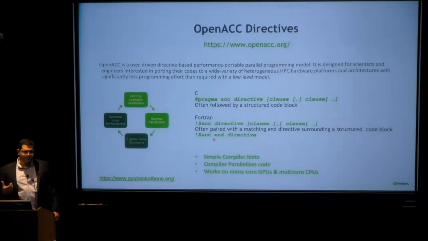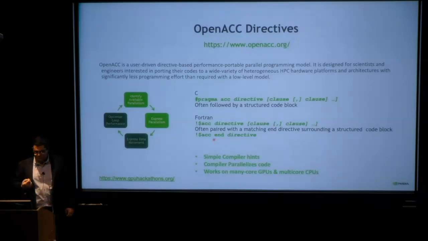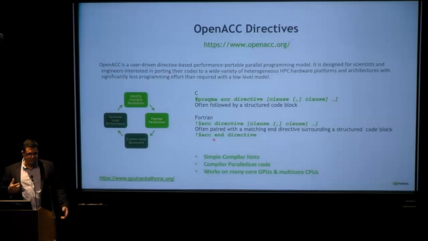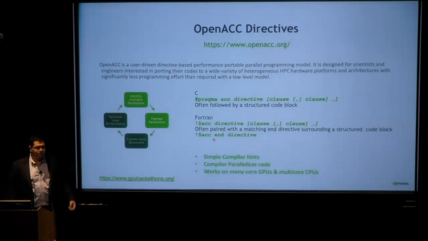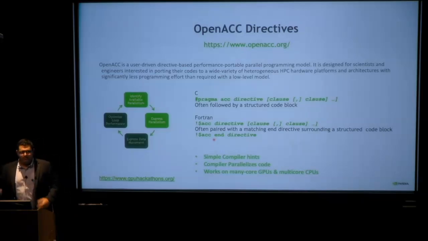These provide essentially compiler hints for doing this work. The compiler will parallelize the code, and the nice neat thing is that it works on many core GPUs and CPUs, so it's really the easy way to get really fast acceleration on CPUs and GPUs.